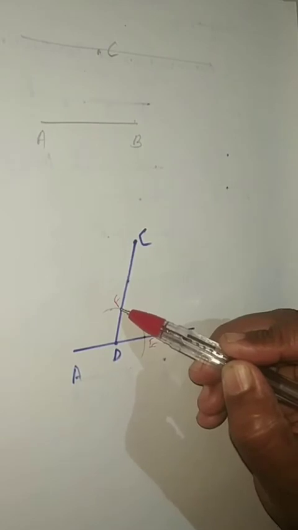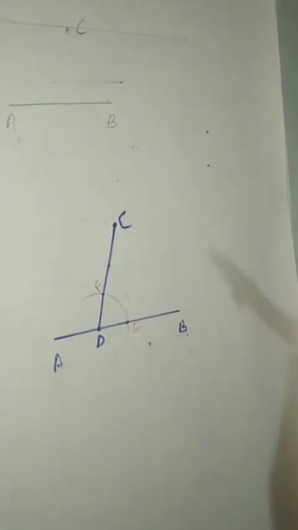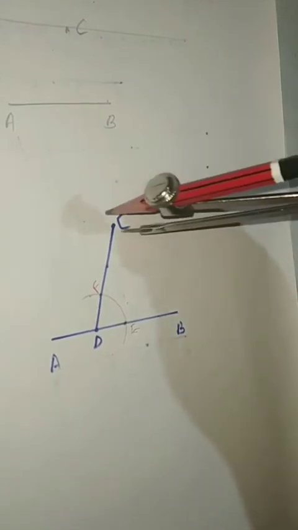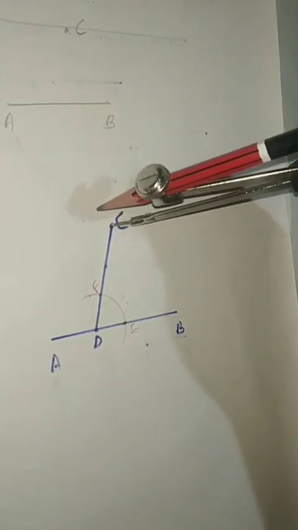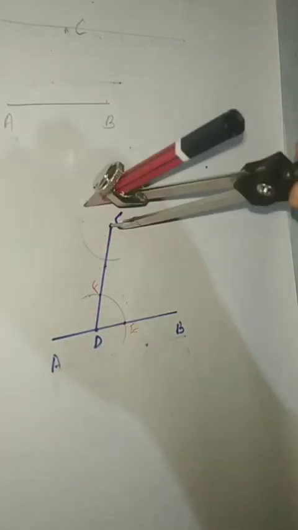Then we have to draw another arc. At that time, this compass point should be on C. Then draw another arc.